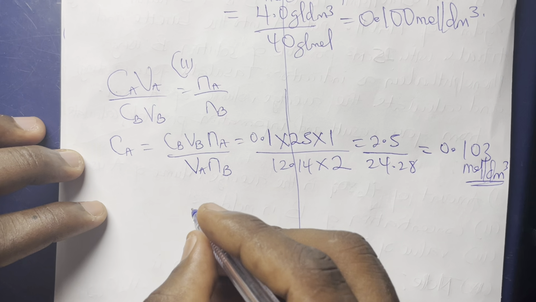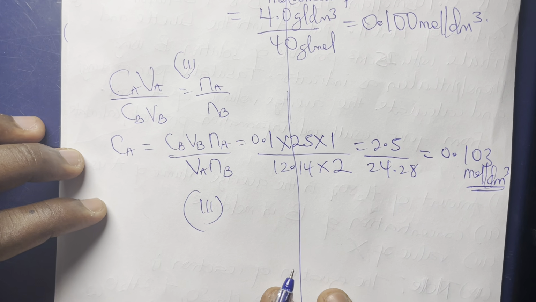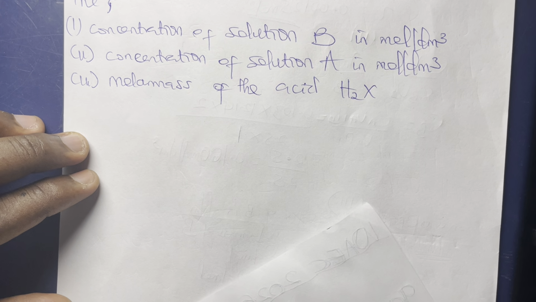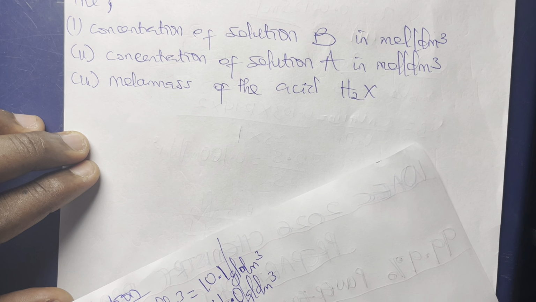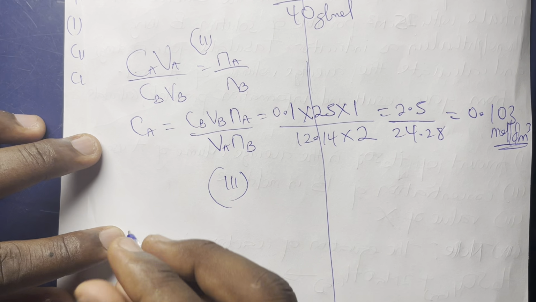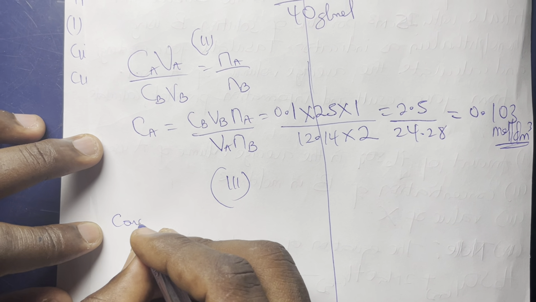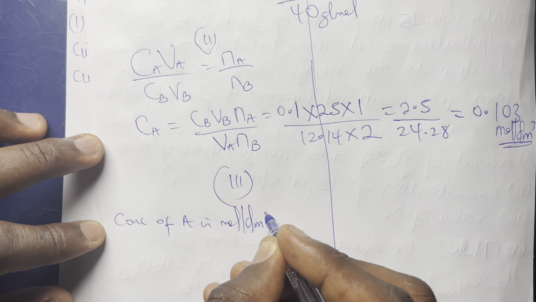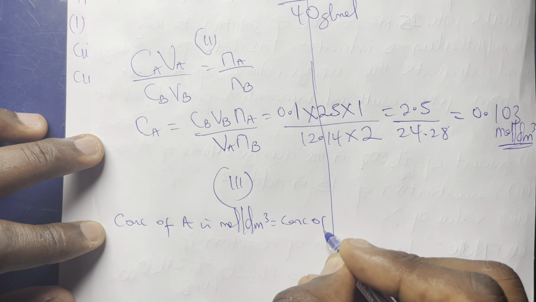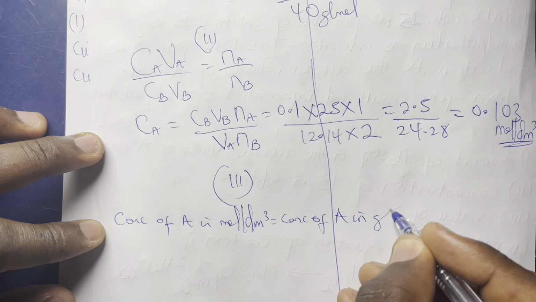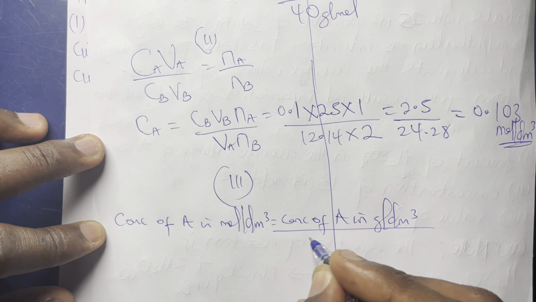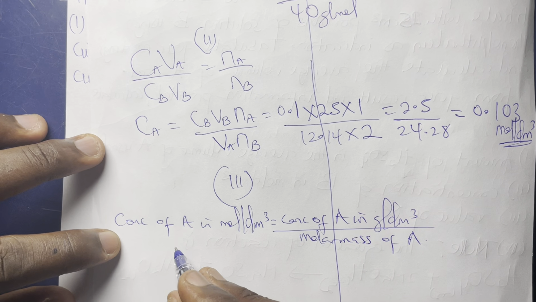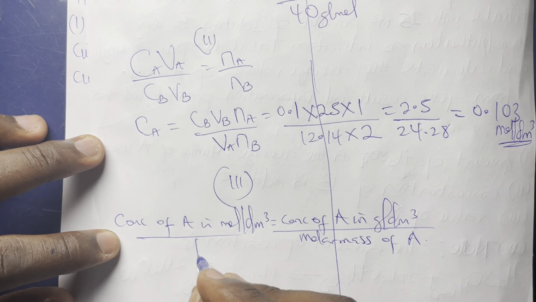For number 3, the question says to calculate the molar mass of the acid, H2X. To calculate that, the concentration of A in mole per dm cube equals the concentration of A in gram per dm cube all over the molar mass of A, which we are looking for. So let me cross multiply.